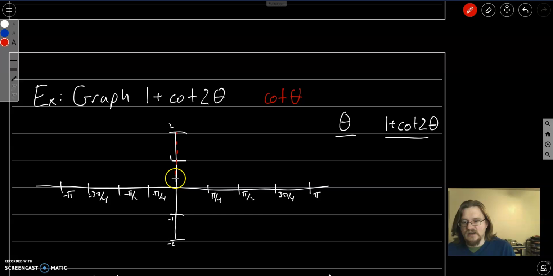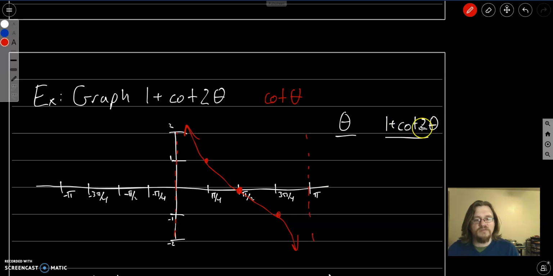So cotangent theta has an asymptote at 0, an asymptote at pi, and it crosses 0 halfway in between. And then we hit 1 and -1 on the way up and down. So we have this S curve in the middle.